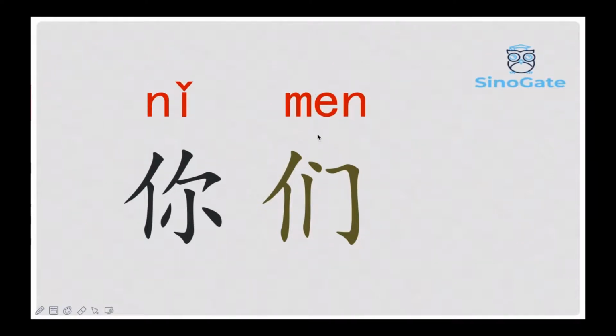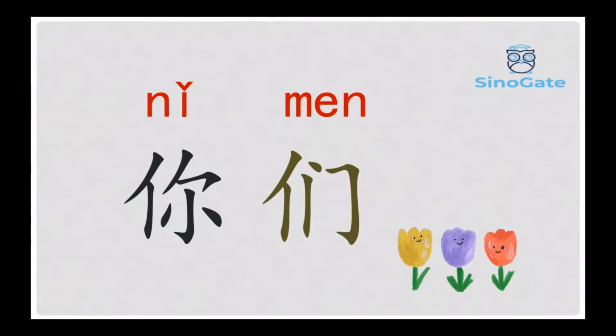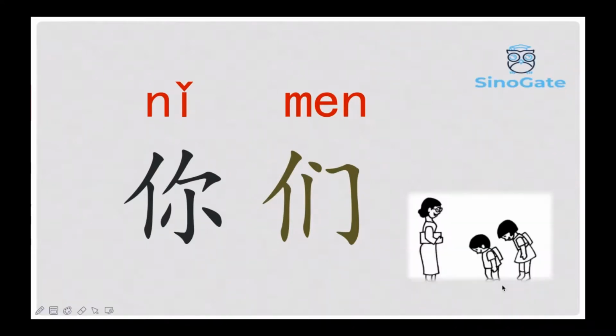It's a neutral one, so it's much shorter. 们, 你们. This is the character we put after the pronoun to denote the plurality. So greeting the two students, the complete form should be 你们好.